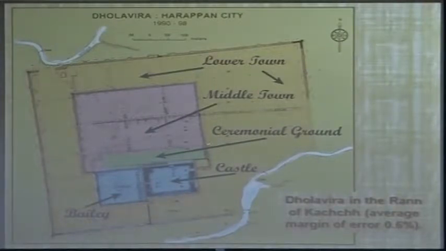Then you have a ceremonial ground, you have a middle town where most inhabitants might have lived, some also in this corner of the lower town, and you have the complete enclosure, which represents an area of 48 hectares. But if you look at the dimensions of the castle, they are very, very precisely 5 to 4, both inside and outside, inner and outer dimensions.